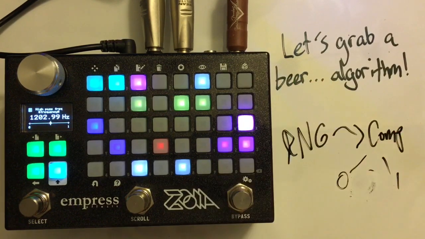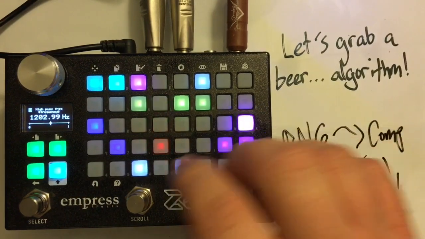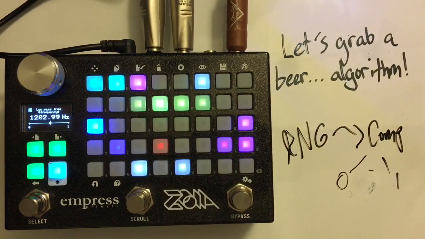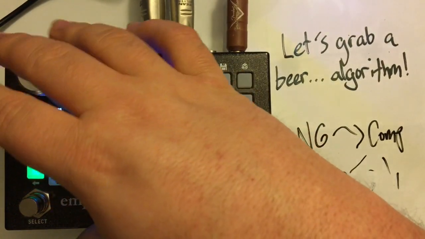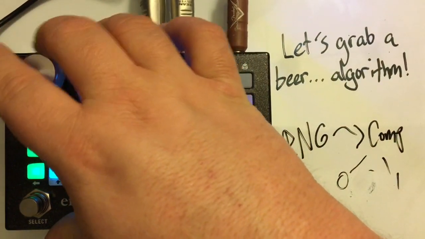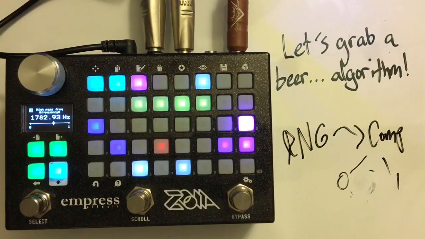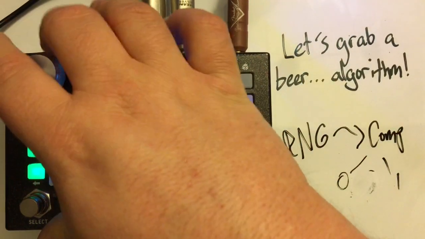So the other advantage here is that you have controls over the filters that you don't have in the Empress. So you can adjust the low pass frequency and the high pass frequency. You can move them around. You can have them overlap.